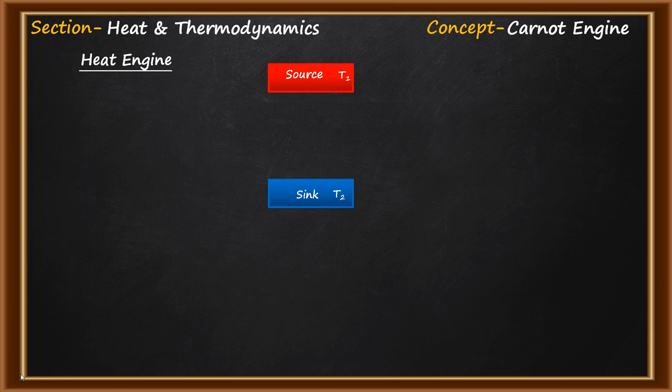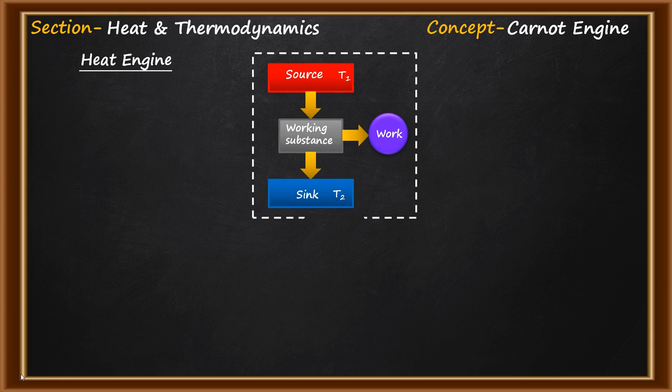And there is a working substance in between the two bodies which takes heat from the hot body source and converts some amount of heat into mechanical work and rejects the remaining amount of the heat to the sink. So this actually constitutes a basic heat engine.